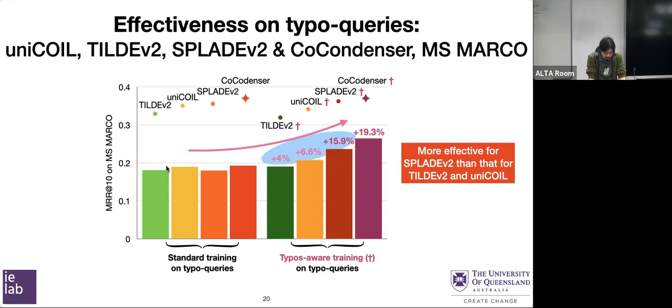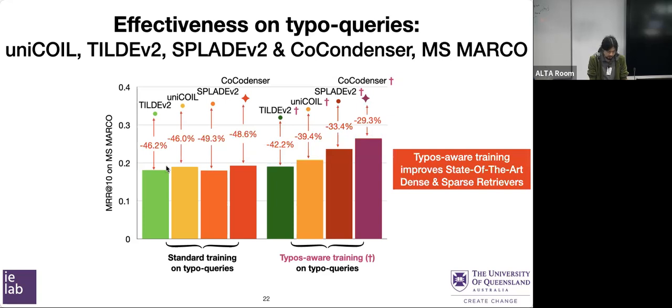And SPLADEv2 without typos-aware training also does not provide an expansion of a query that contains the correctly spelled terms. It is then logical that the improvements provided by typos-aware training on SPLADEv2 are significant in the presence of queries that contain typos. Hence, we found that augmentation-based typos-aware training is effective to improve the robustness of the current state-of-the-art sparse and dense retrievers, SPLADEv2 and co-condenser, to typo queries.